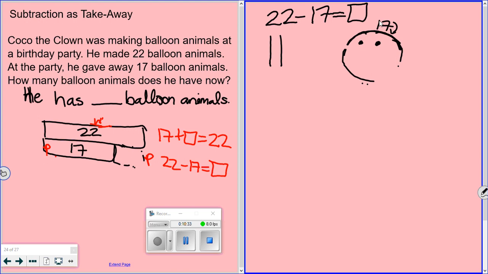Right now, I only have 2 ones, but you already told me that I need 7 ones to make the number 17. Where am I going to get more ones? Because right now, all I have are 2 tens. Owen, what do you think?